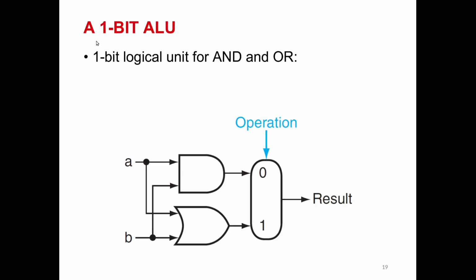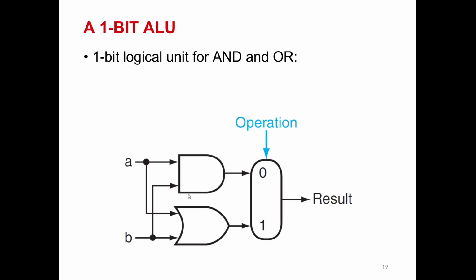As before, we talked about the ALU, and now we will go into a little bit more detail about the 1-bit ALU. We know that in our ALU, we need to do the functions for AND and OR, and so this logic or these gates show how we develop the AND and OR 1-bit ALU.